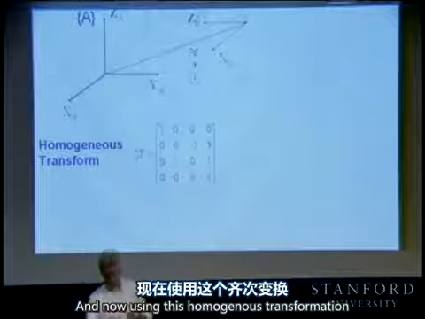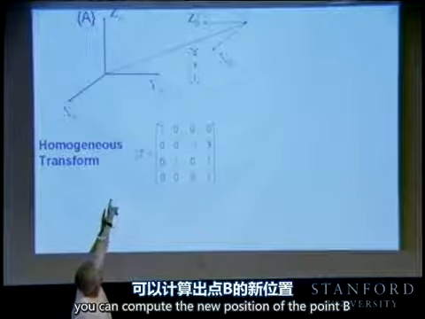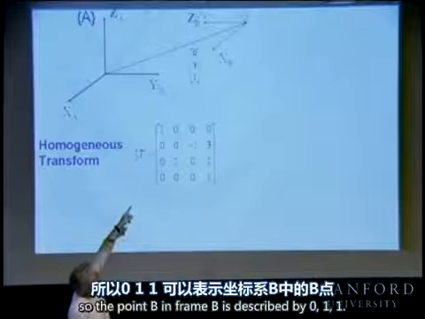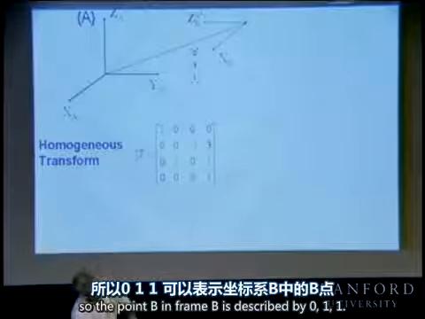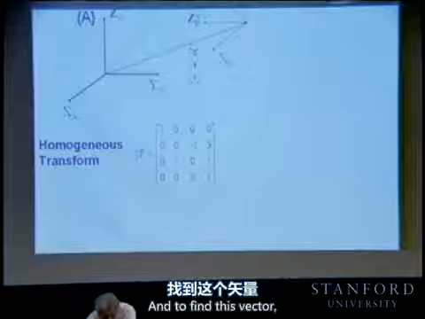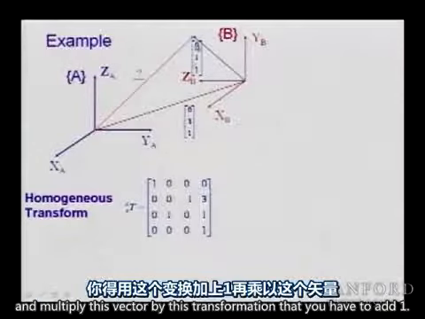And now, using this homogeneous transformation, you can compute the new position of the point P. So the point P in frame B is described by 0, 1, 1. This is the point I'm looking at. And to find this vector, all you need is to take this transformation and multiply this vector by this transformation. But you have to add 1.